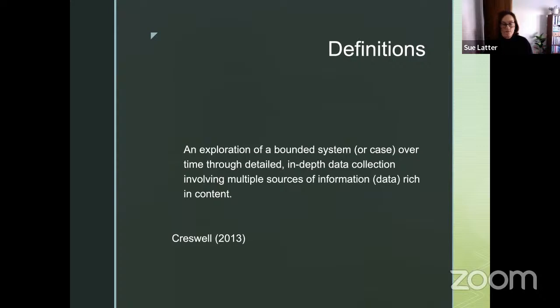It's a design where you will need to spend time in a case site. It is about detail, it's about in-depth data collection. It does usually involve multiple sources of information or data. We think about triangulation there, and building up a content-rich database. So that starts to prick our ears about some of the key features of case study.